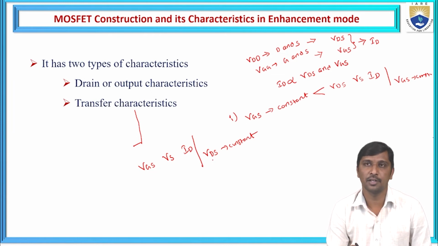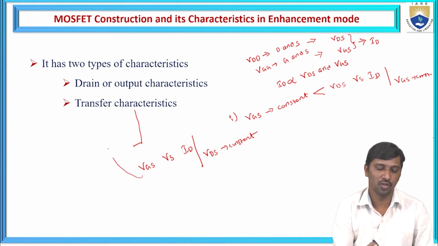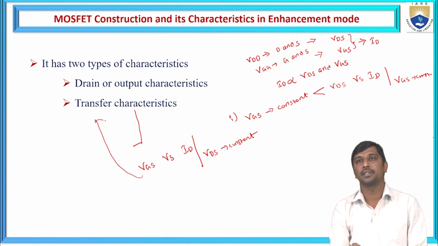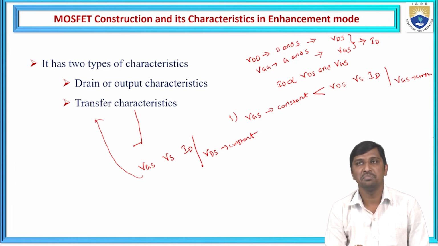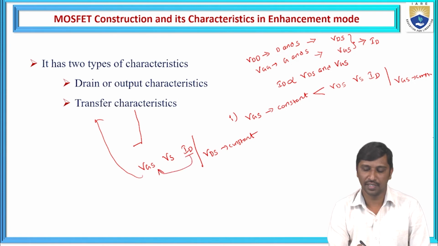This type of characteristics belongs to the transfer characteristics. And from these two characteristics, you can identify that the drain current is a function of VGS.